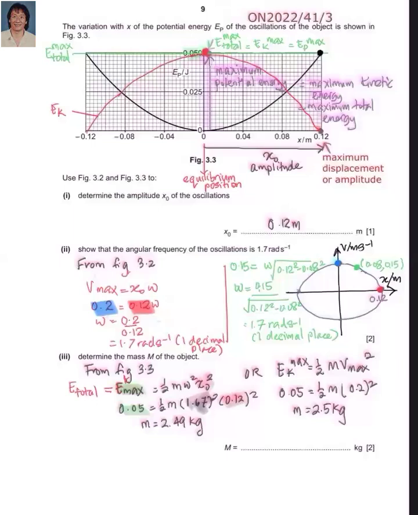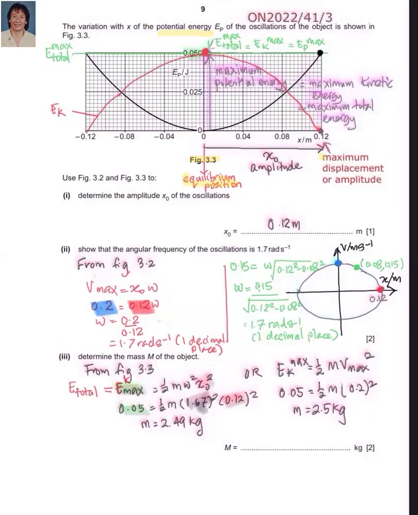The variation with x of the potential energy, Ep, of the oscillations of the object is shown in figure 3.3. This is figure 3.3. This is the equilibrium position, and this is the maximum displacement. This is a graph of energy versus displacement.